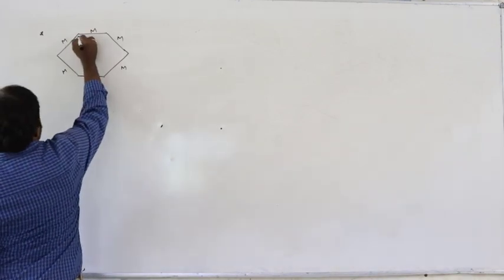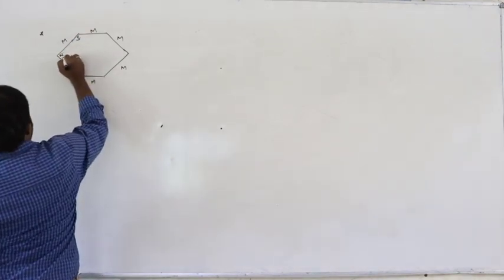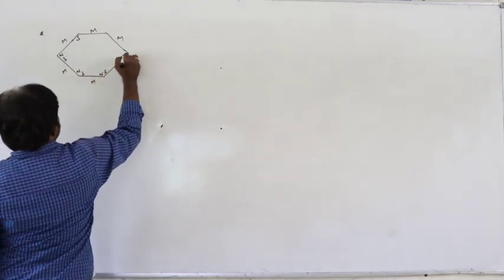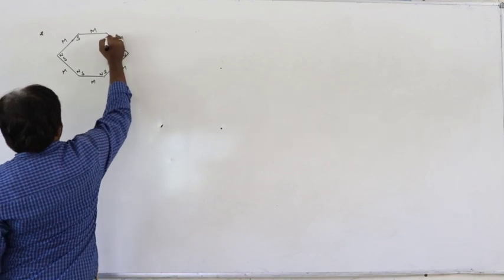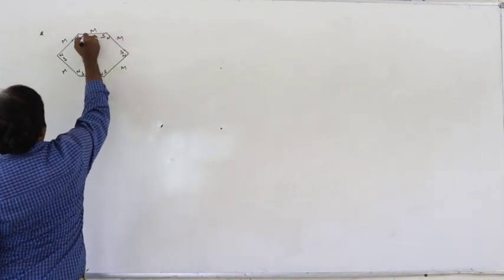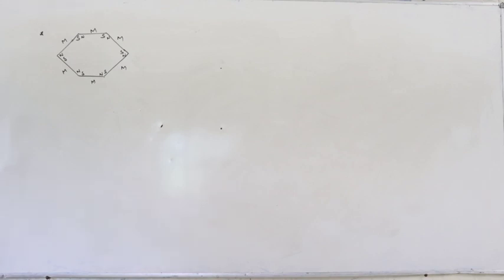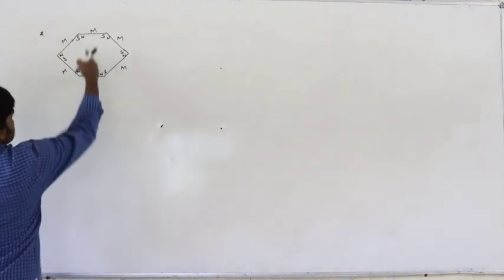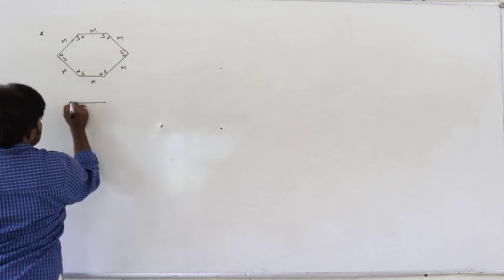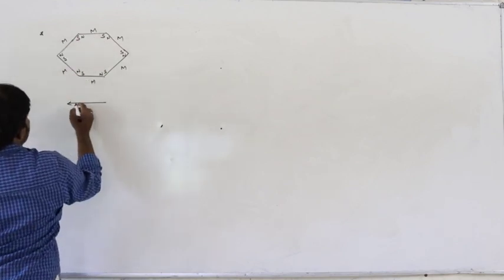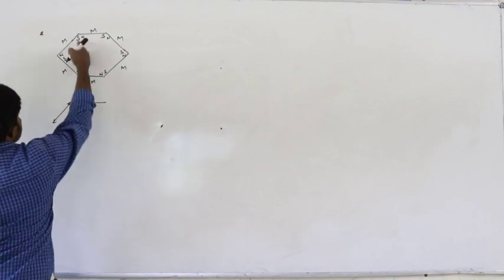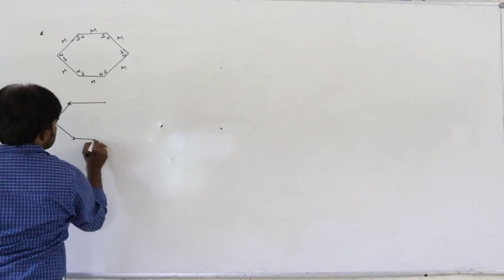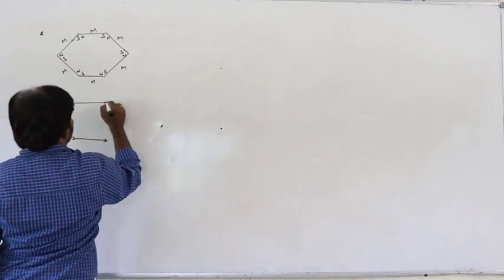So South pole, North pole, South pole, North pole, and so on, like that. Unlike poles are touching each other here. So unlike poles touching each other means this is the direction of the magnetic moment here, and this is the direction of magnetic moment here.